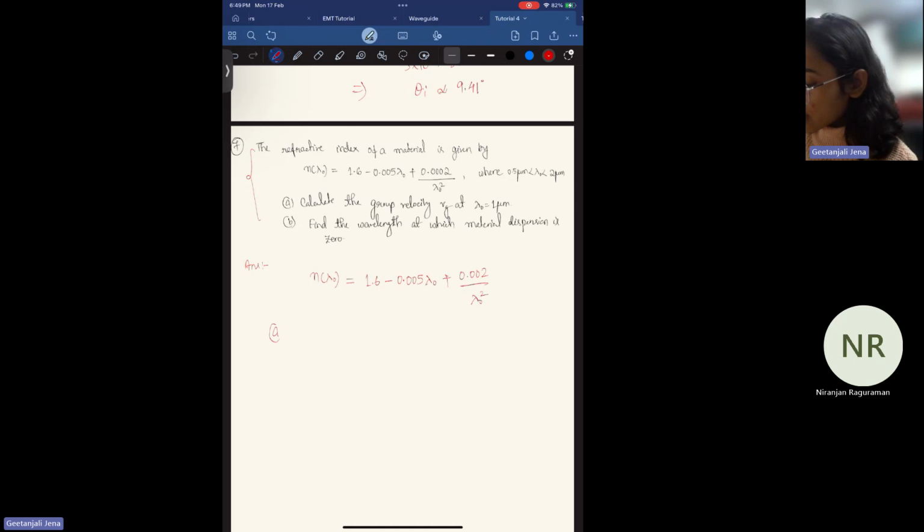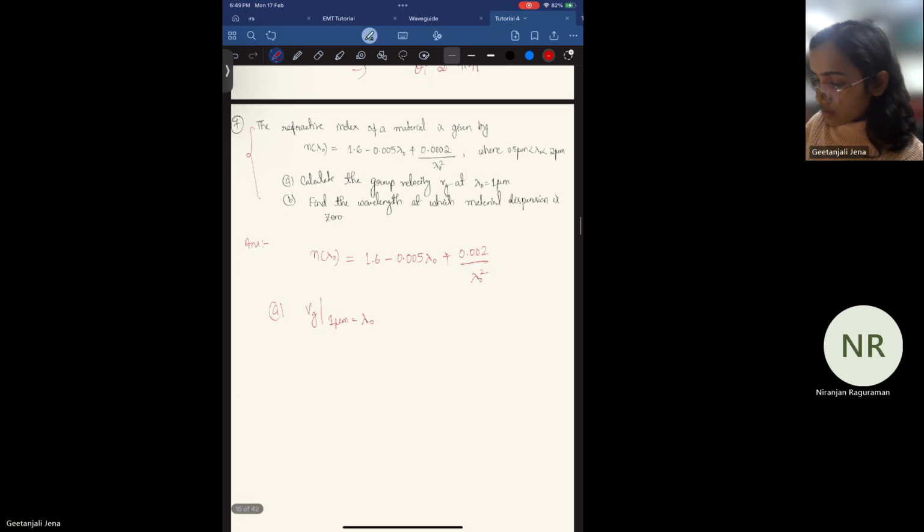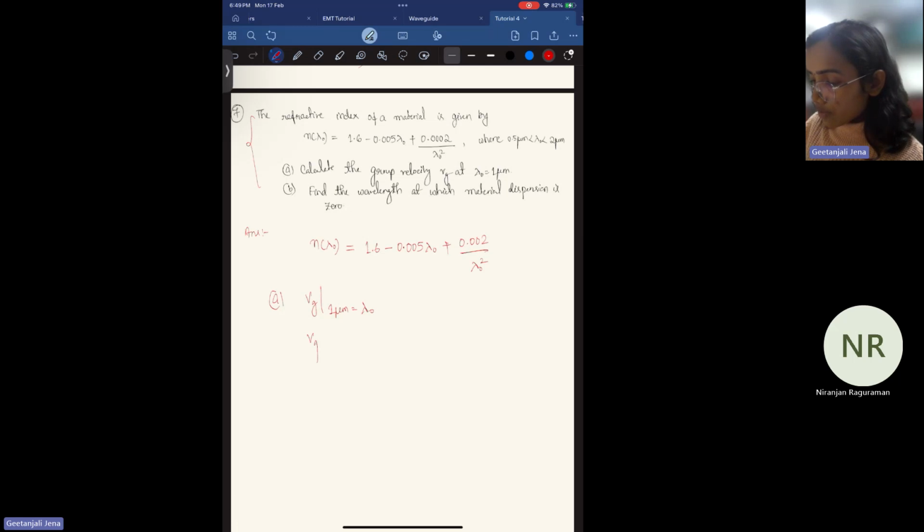So the first is calculation of Vg at 1 micrometer. As we have seen before, Vg is given by C by N effective, which is C by N of lambda 0 minus lambda 0 dN over d lambda 0.